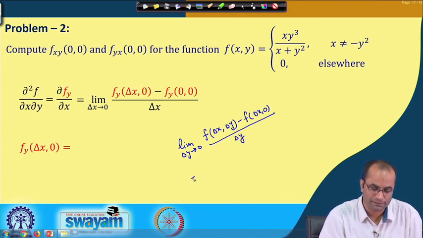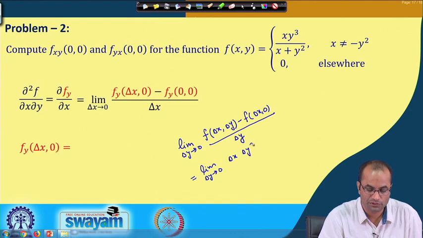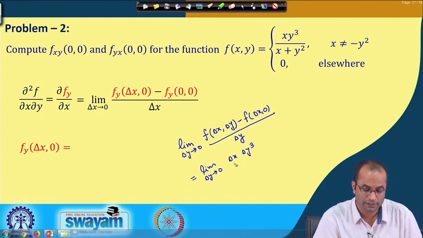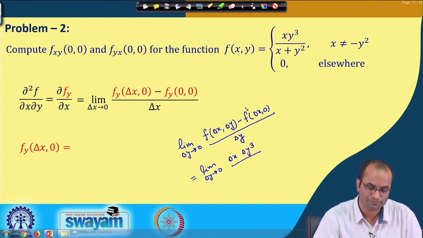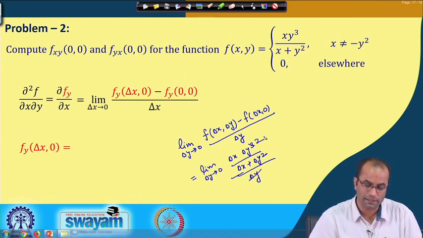So, what is this limit? If we take this limit here as Δy goes to 0, here it will become Δx and Δy cube from here, and then divided by Δx and Δy square minus. Again this y is 0, so this will become 0, and Δy. So, this Δy will be cancelled here.